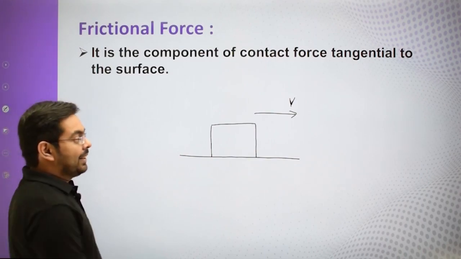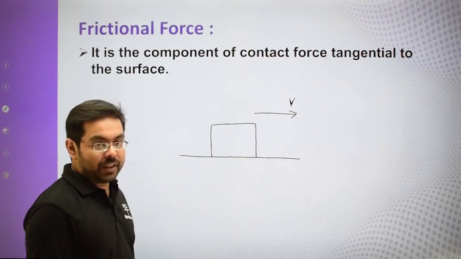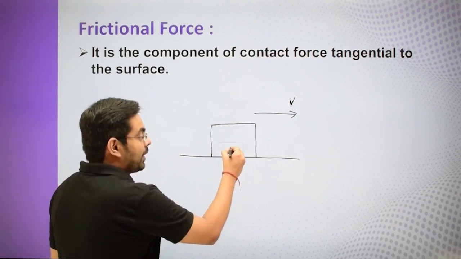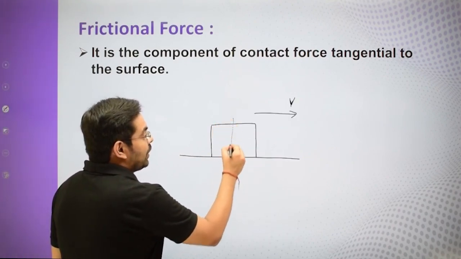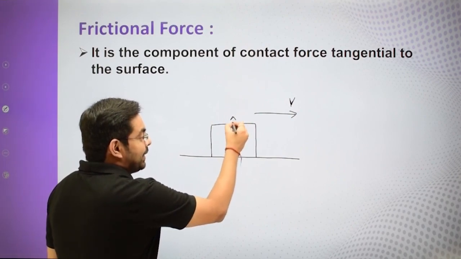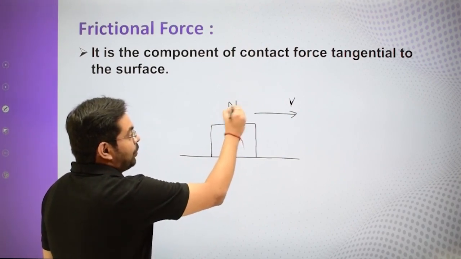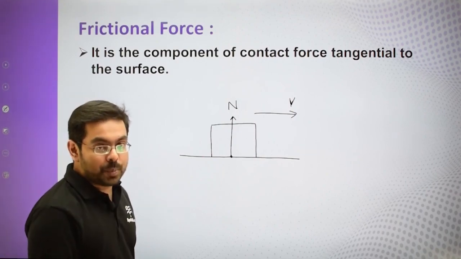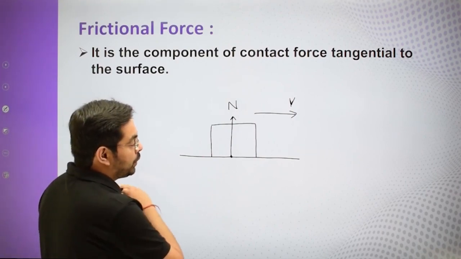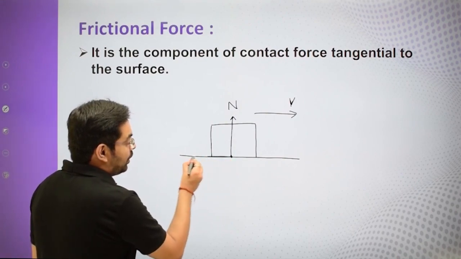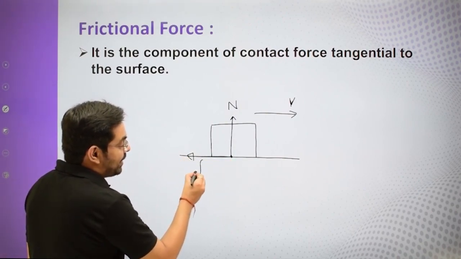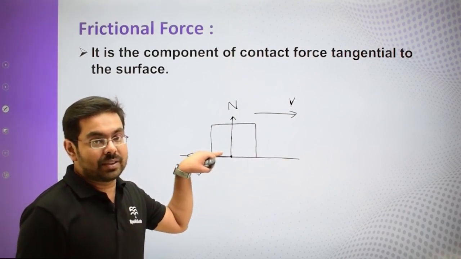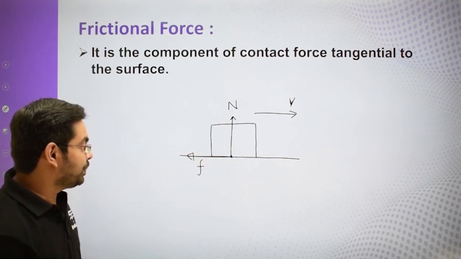Then this surface is applying some contact force. Obviously the first contact force, which is perpendicular to the surface, is, we know, the normal, that is in the upward direction, right? And the other contact force which is possible on this block due to the surface is called frictional force. It acts tangentially to the surface, tangent to the contact surface, in this direction.